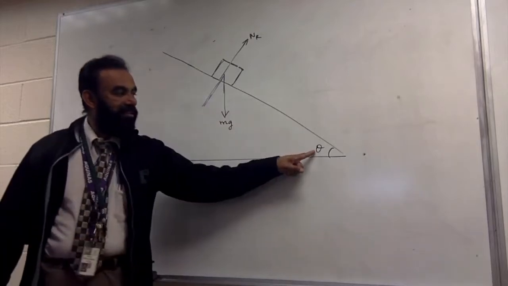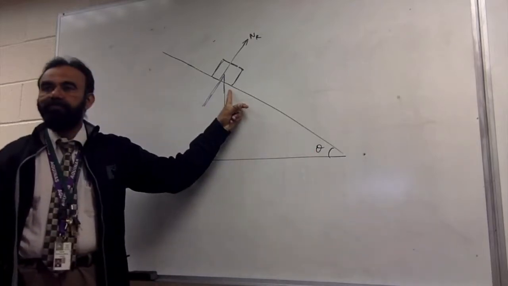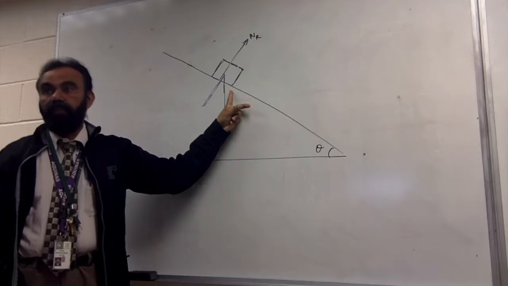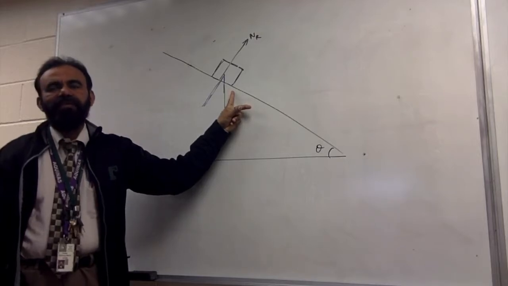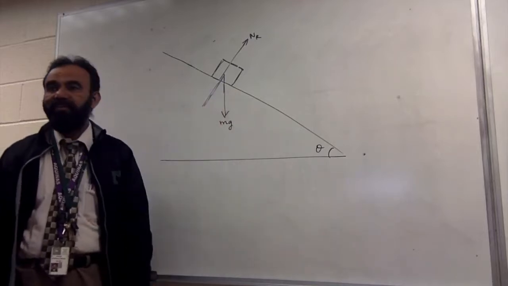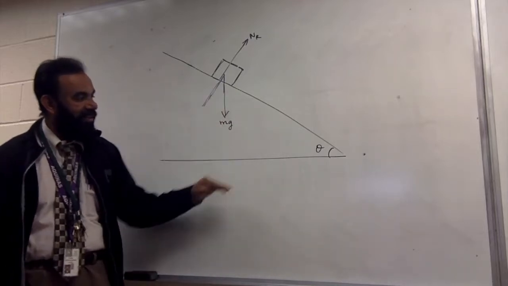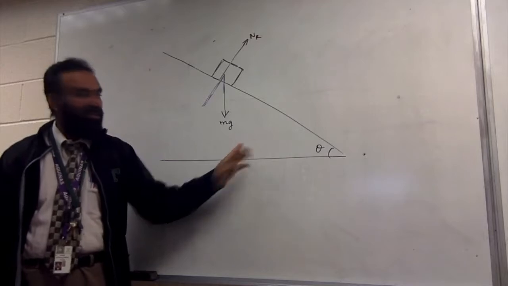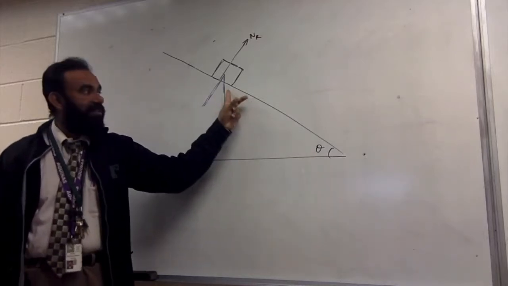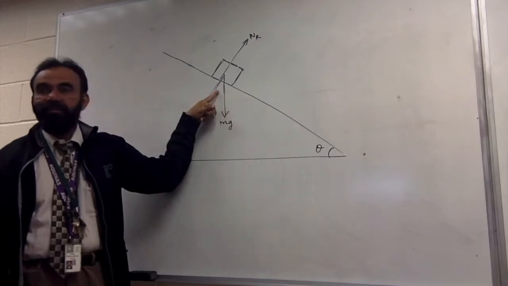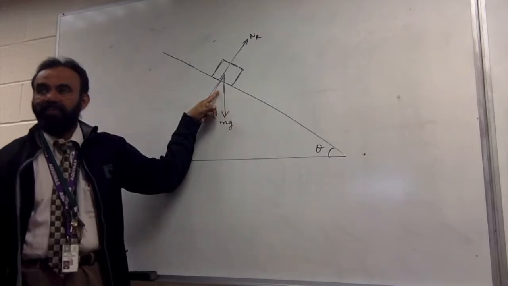By the way, if this angle is theta, what is this angle? Theta? Really? No, 180 minus 90 minus theta? Because this is a vertical and that's a horizontal, so it should be 90 here. So if this angle is theta, this angle must be 90 minus theta. If this is 90 minus theta, what is that? Theta.